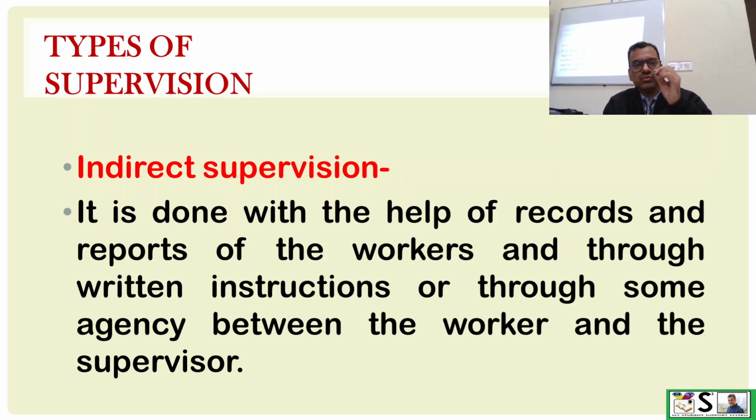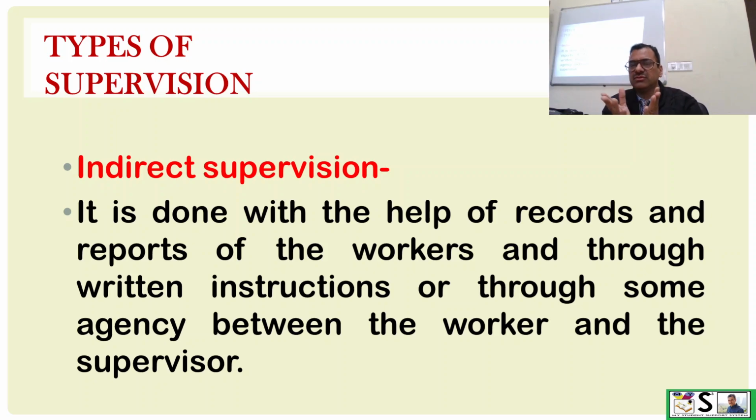Now we come to the second type of supervision, that is indirect supervision. What is indirect supervision? During indirect supervision, we are not directly discussing or directly in contact with the supervisee, but we are supervising through discussing with other team members or checking their records, what they have done, and even discussing with the patient to whom you have provided services.